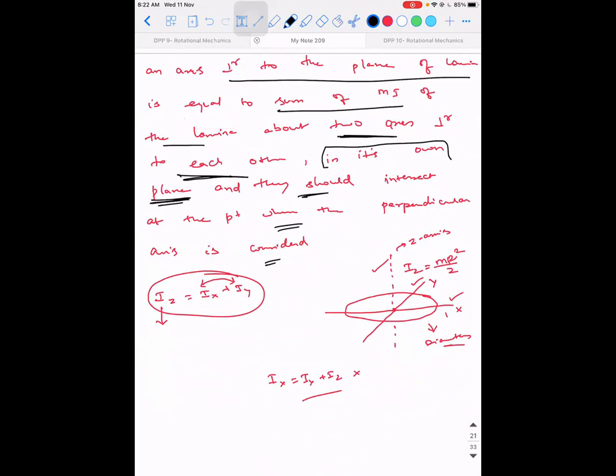Now, if I ask you to apply perpendicular axis theorem to a sphere and find out what is the moment of inertia about its diameter, so what will the answer be? What is the moment of inertia of a sphere about its diameters? Find it using the perpendicular axis theorem.